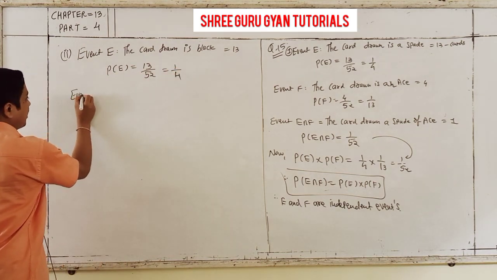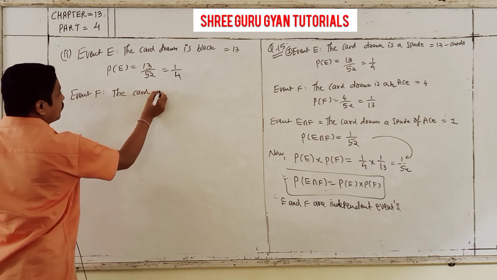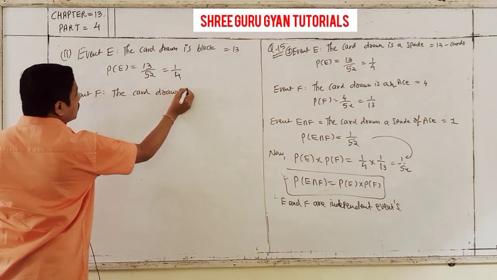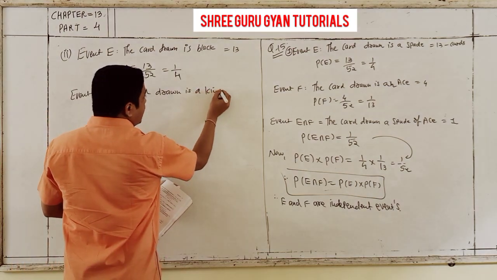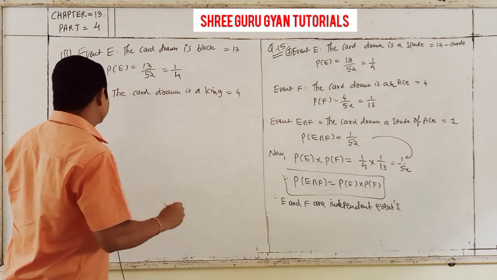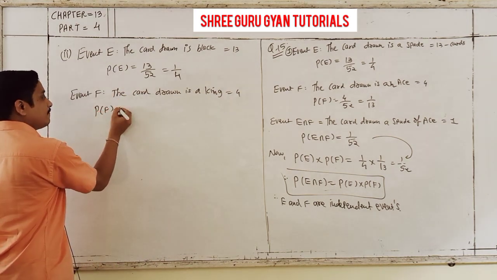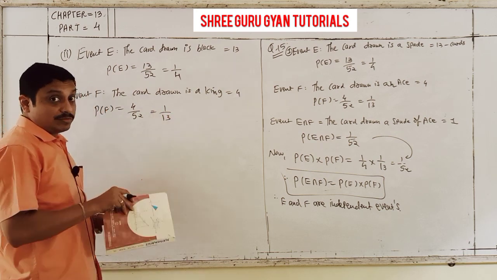And next event F: the card drawn is a king. So this king card is total 4 cards. Only 4 cards are kings. So probability of F is 1/13. Now both mixing.